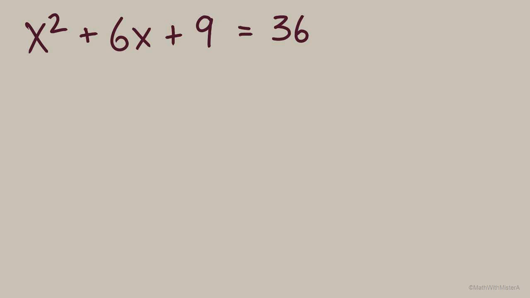Here's our next example. x squared plus 6x plus 9 equals 36. This would not be one that I would choose to solve using square roots right off because we have an x squared term, but we do also have a first degree x term. Some options for us would be that we move this 36 over to the left side and then try to factor that trinomial. But one thing that I want to spot here is that this trinomial as it is right now is a perfect square trinomial.